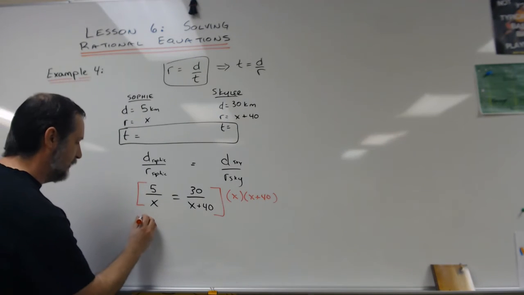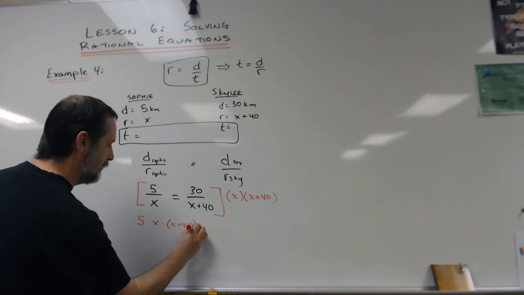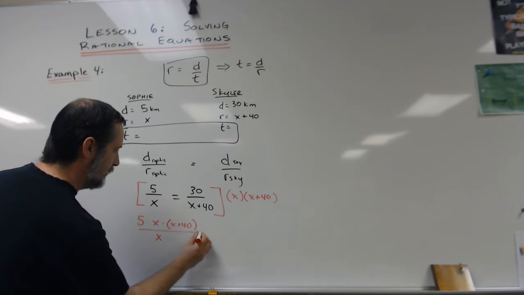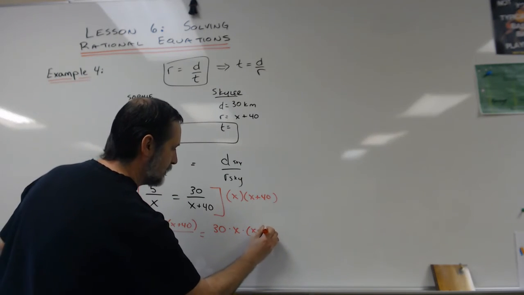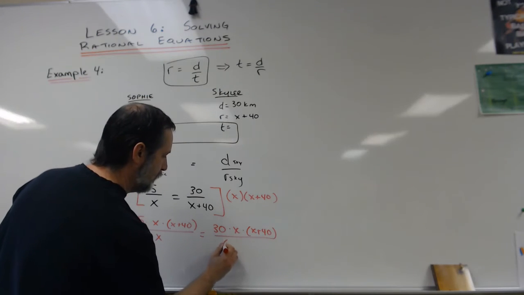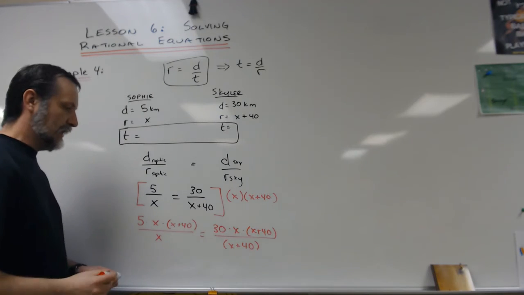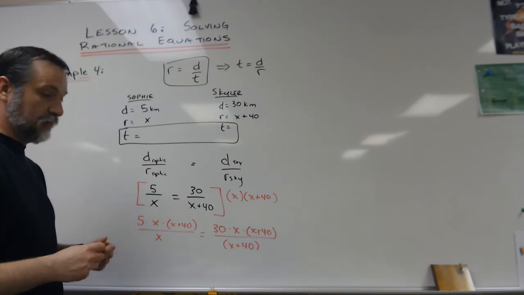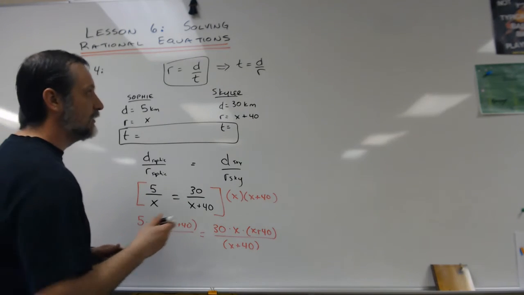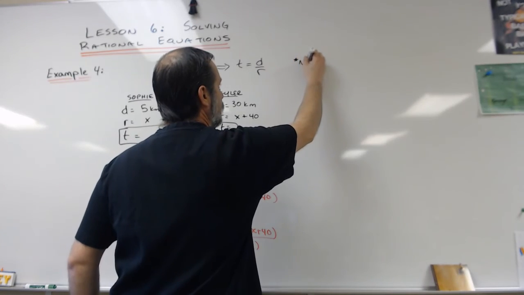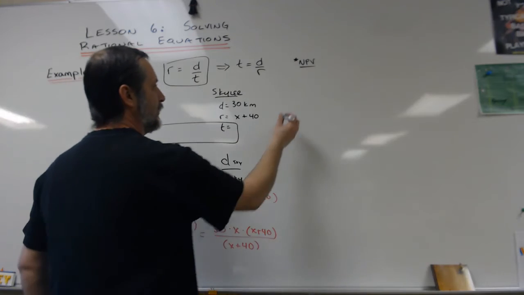Multiply that through. 5 times x plus 40 over x equals 30 times x plus 40 over x plus 40. I can start canceling things out, but I should probably look for some NPVs here first. So NPVs. So x cannot equal 0 or negative 40.